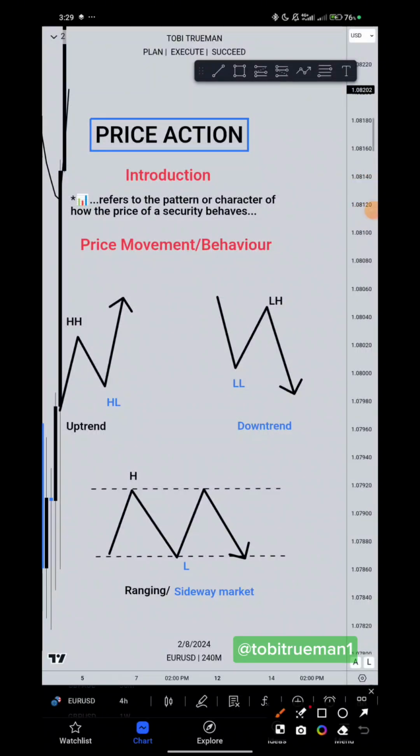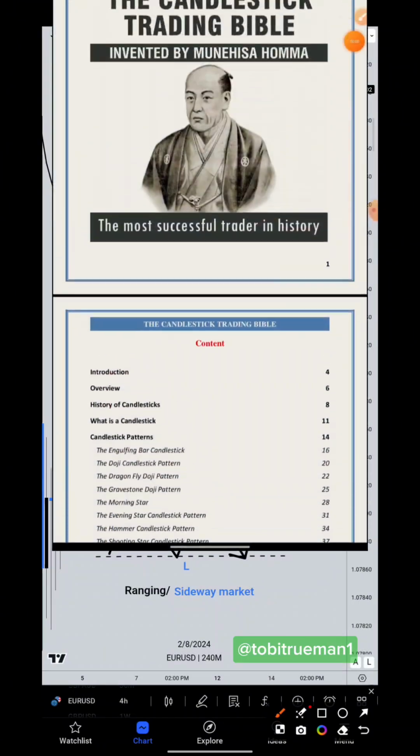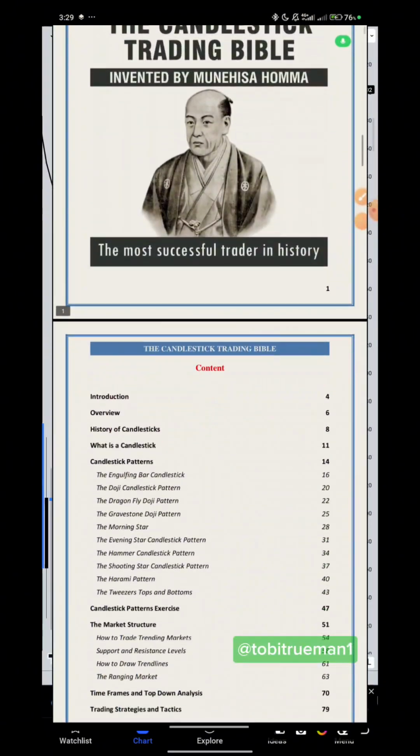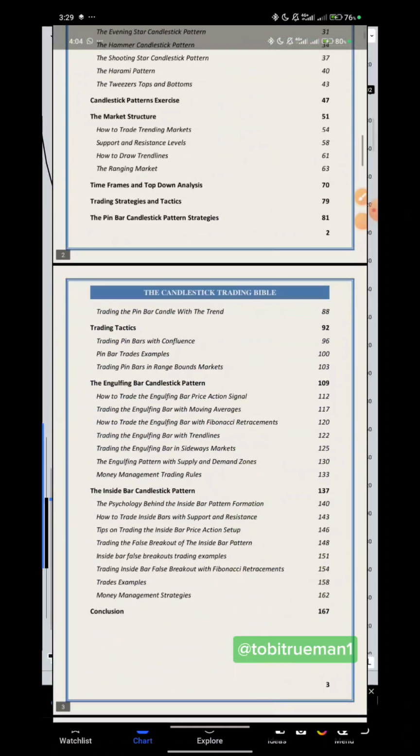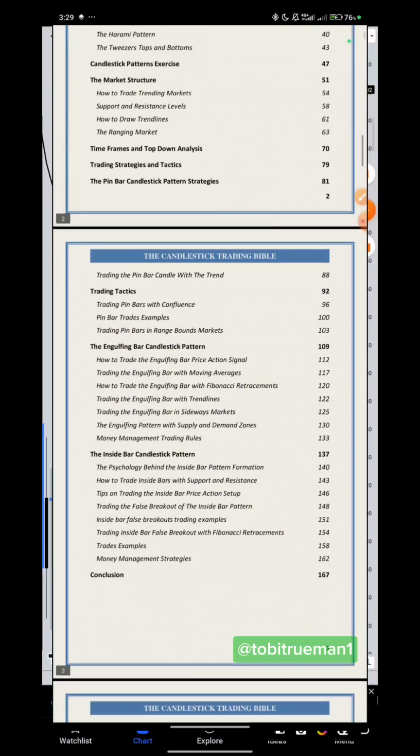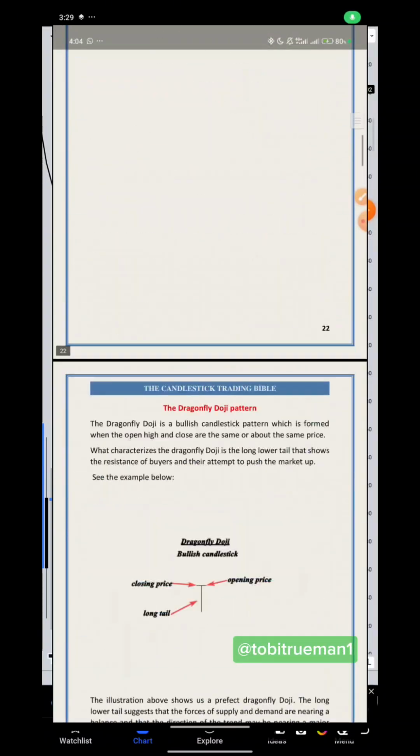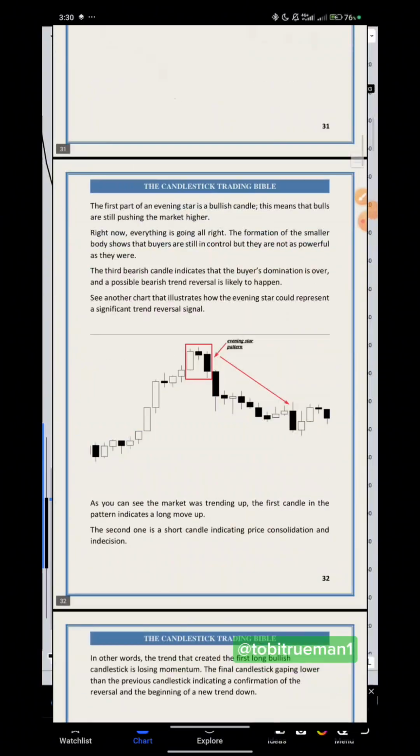Now we'll be looking at price action. Before we look at price action, like I always suggest, you have to go through the candlestick trading Bible, the PDF, so that you understand everything in it.